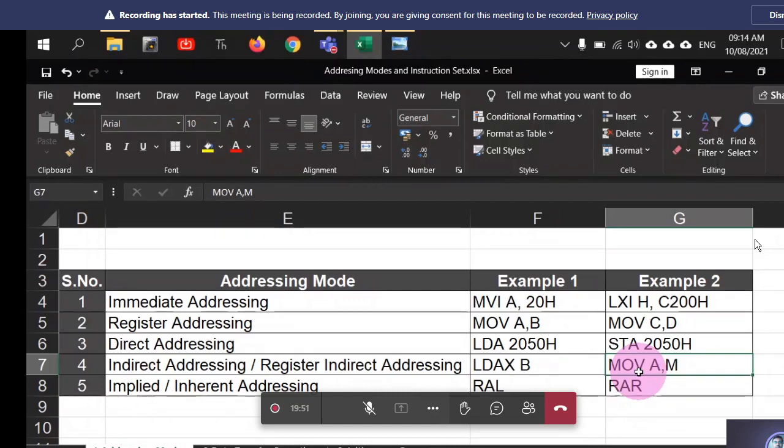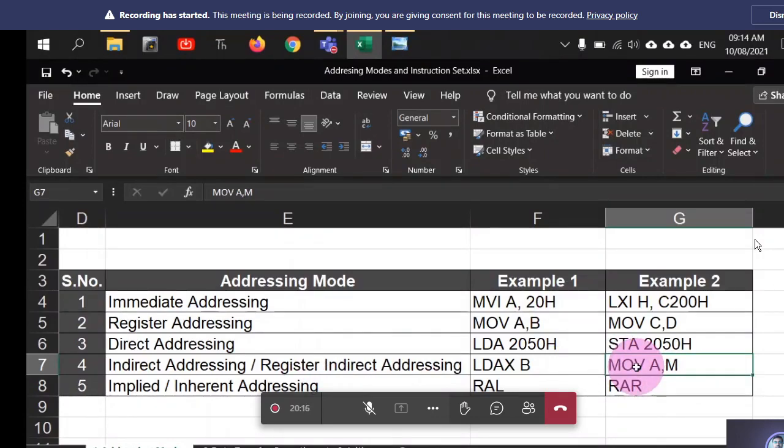Since the HL pair is holding the address, it is not directly seen in the command. That is why it has to be indirect. And since the HL pair is holding it, it is register indirect addressing mode, right? So instructions which look similar may sometimes have a different addressing mode.